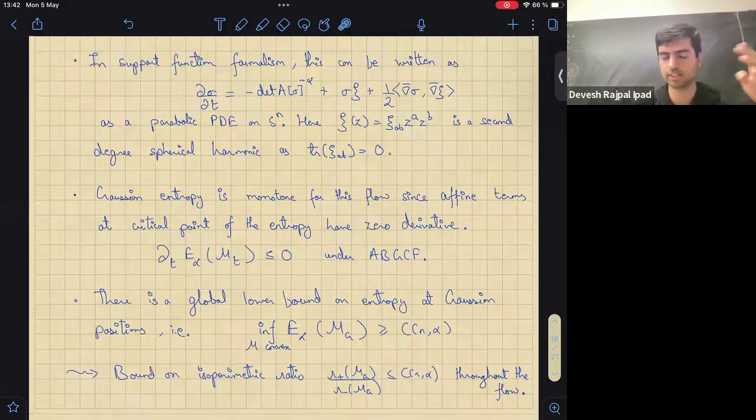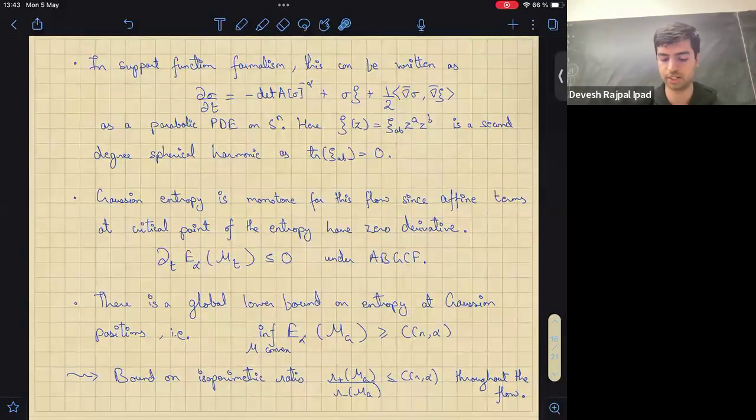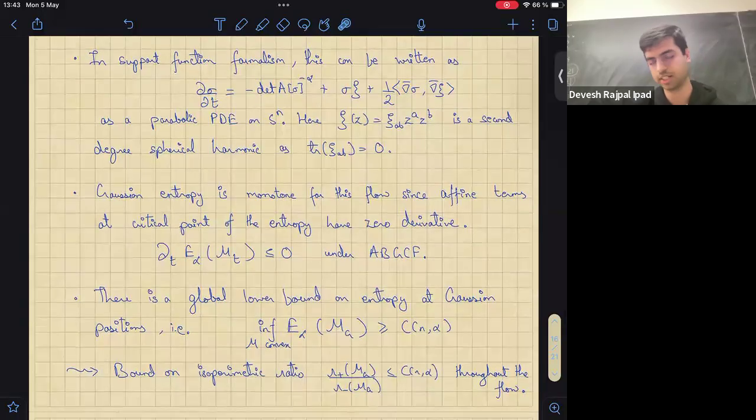And since entropies are kind of related to isoperimetric ratio, this also implies a bound on isoperimetric ratio throughout the flow, because we are restricting ourselves to Gaussian positions. So we should expect better convergence properties out of this flow, and it is true.